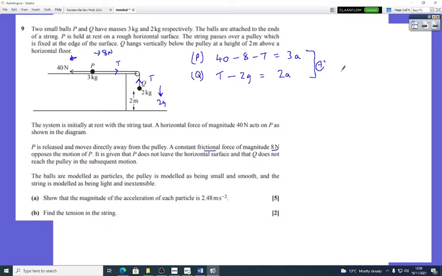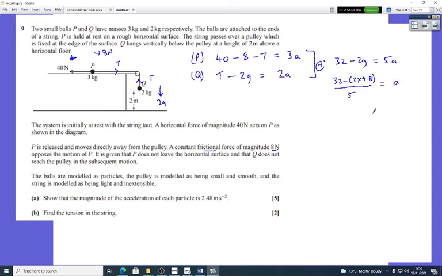So what you end up getting is 40 take away 8 is 32, minus 2G, equals, and if you add those together, you get 5A. So the acceleration is going to be 32 minus 2 times 9.8, the gravitational pull, all over 5.